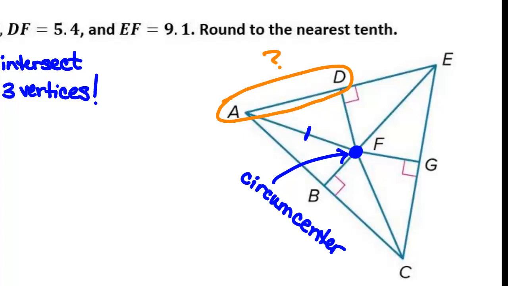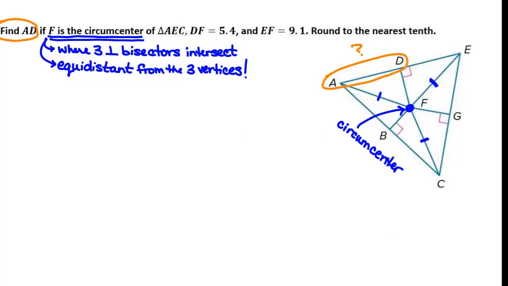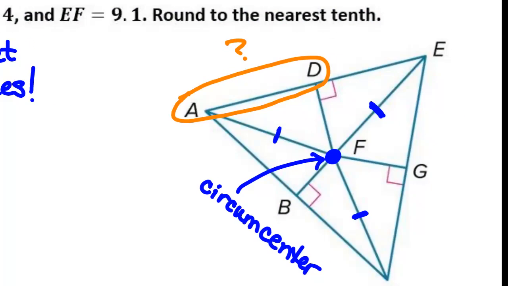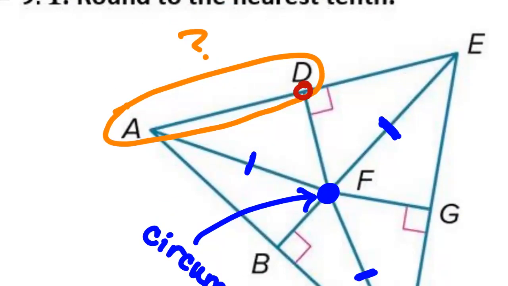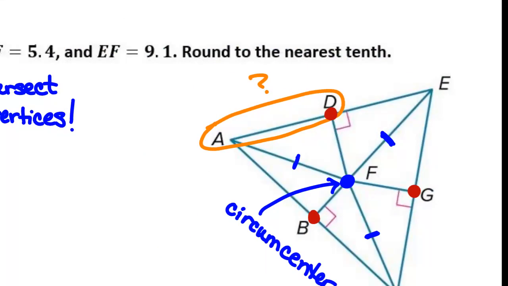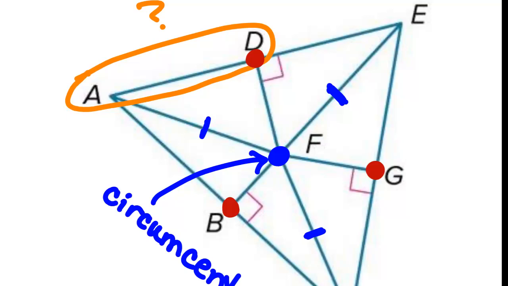AF, EF, and CF, from the corners, from the vertices to that point F. Because these are perpendicular bisectors, what does that mean about points D, B, and G? What would we call those? Midpoints.